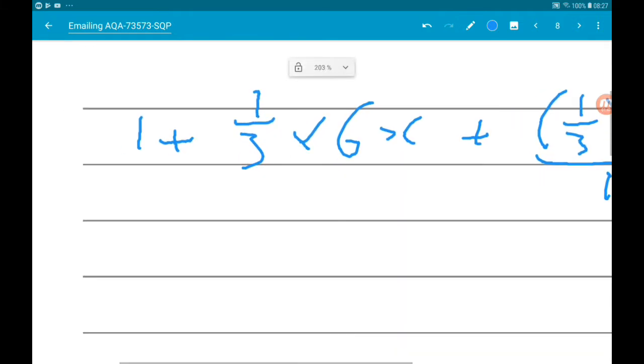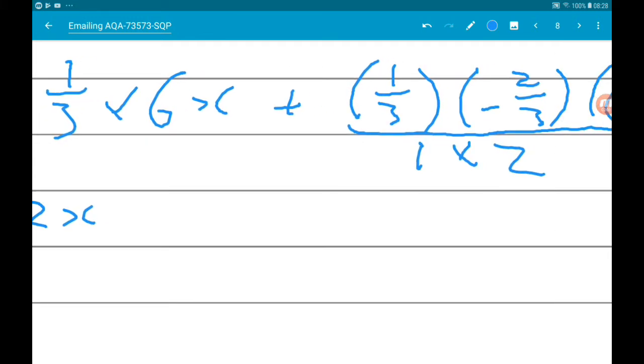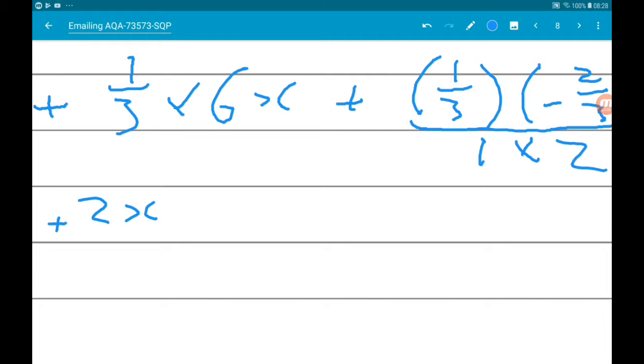Okay, so we got 1. 1/3 times 6 is 2. So we got 1 add 2x. Next, we've got 1/3 times minus 2/3 is minus 2/9.